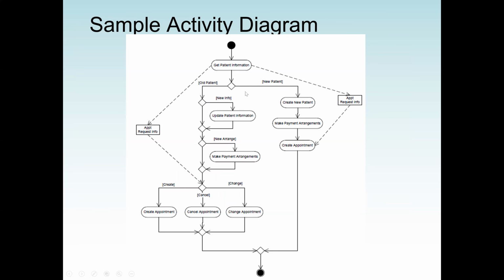Now, if it's an existing patient, we don't need to create a new folder. So the first thing we do is to update the patient information if some of the information given to us is new. Then also we make payment arrangement.